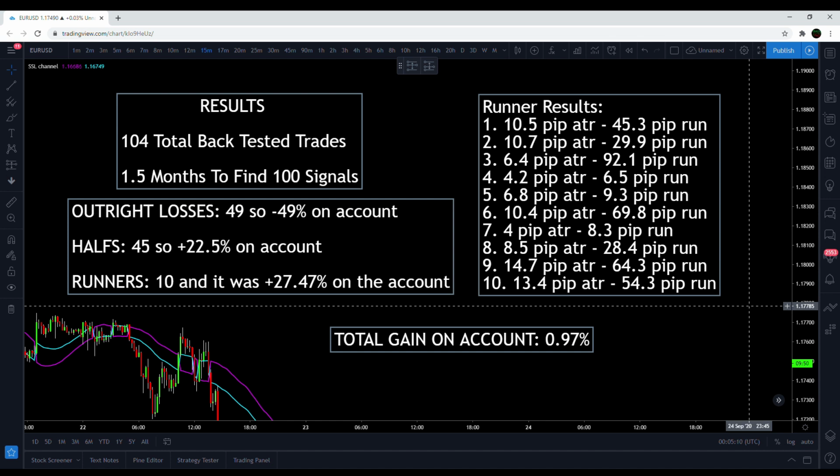So the trailing stop needs to be a thing here. This needs a better system for trailing the stop, and having it only 1 times ATR is just not far enough.